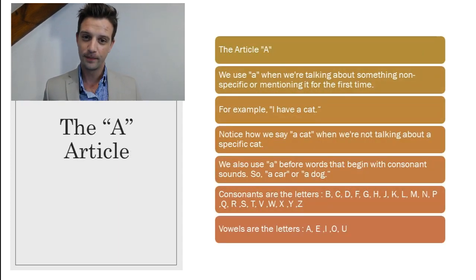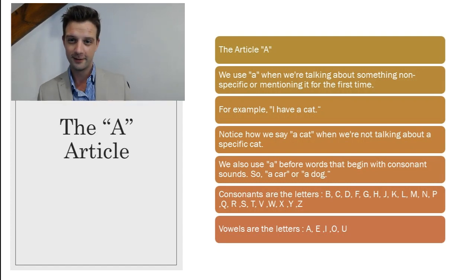So let's have a quick look. We're going to look at our first general or indefinite article, which is a. We use a when we're talking about something non-specific or we're mentioning it for the first time. Like when we're asking our friend, could you give me a pen?